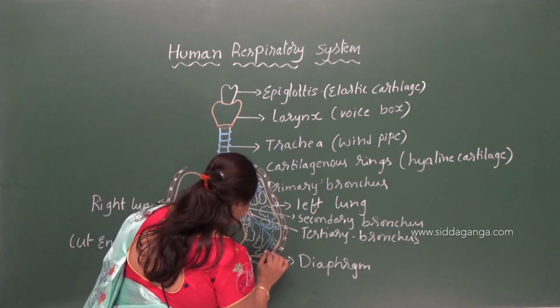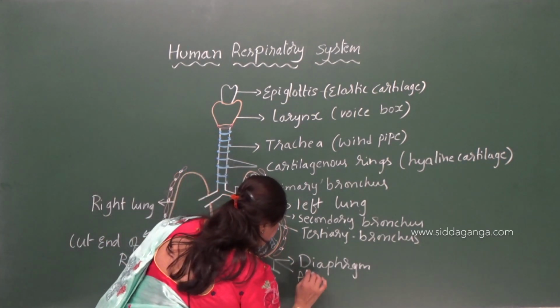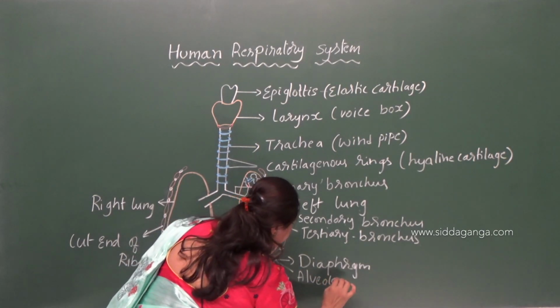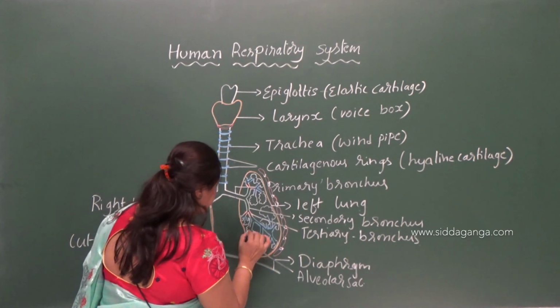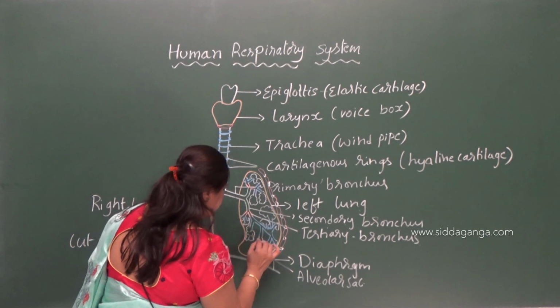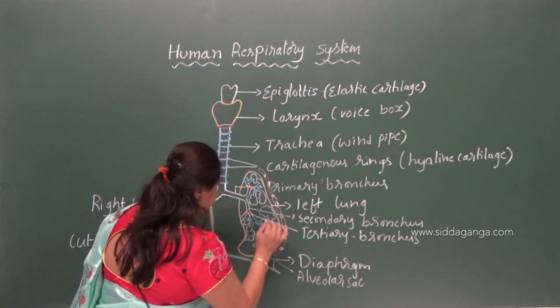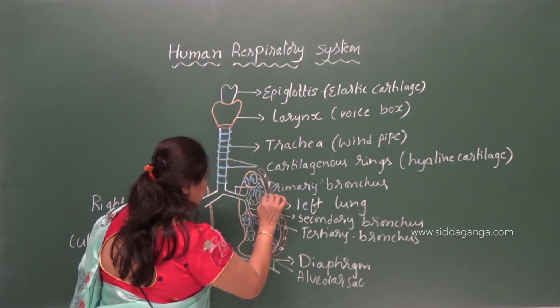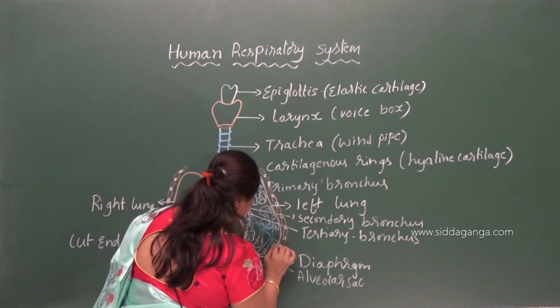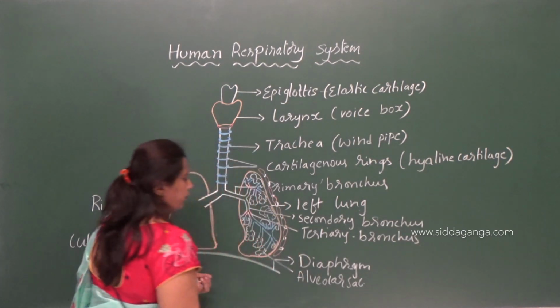So these are called alveolar sacs. Okay, and finally the alveolar sacs contain alveoli.